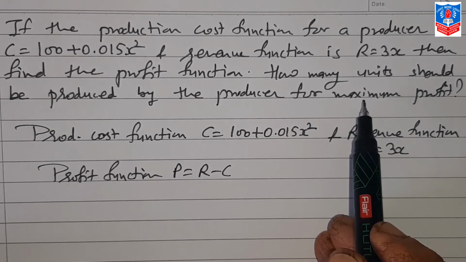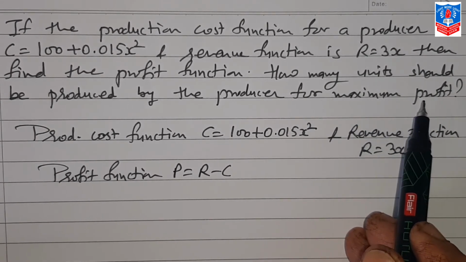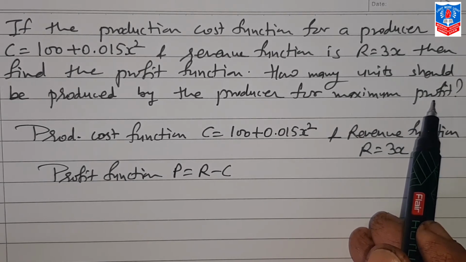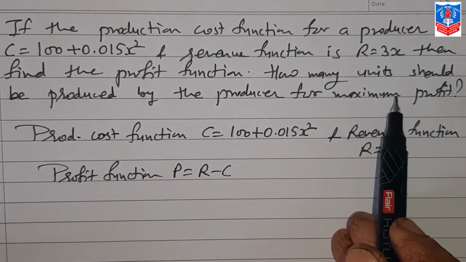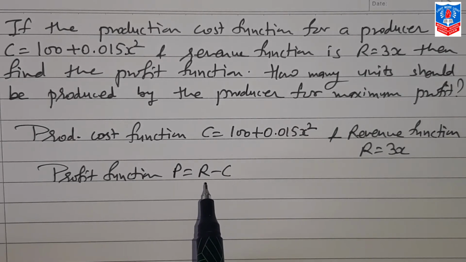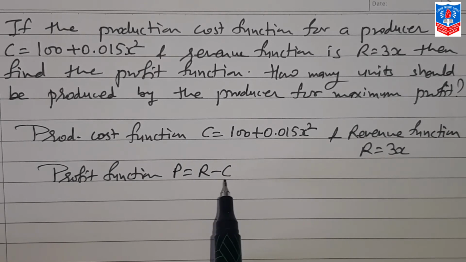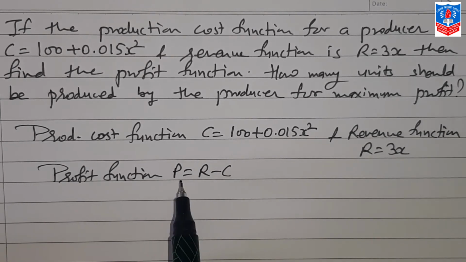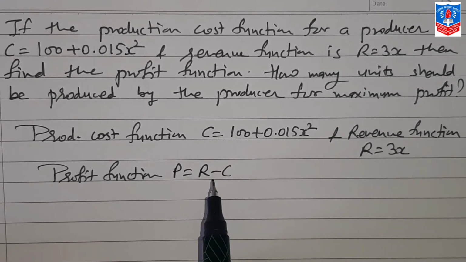Now this question is connected with maximum profit, that is the profit function. For this profit function, it's very simple. How do we find profit? Total revenue minus total cost. If we subtract, we get the profit of that firm, company, etc.